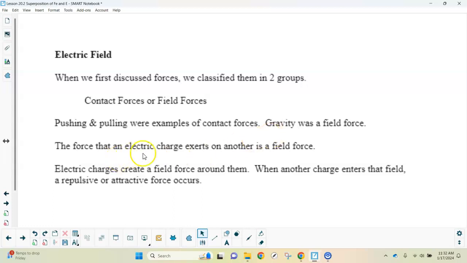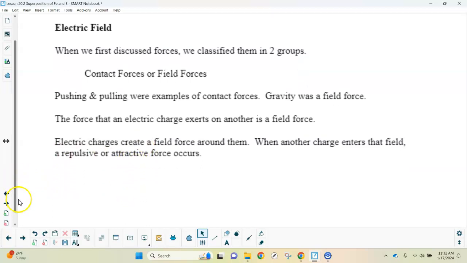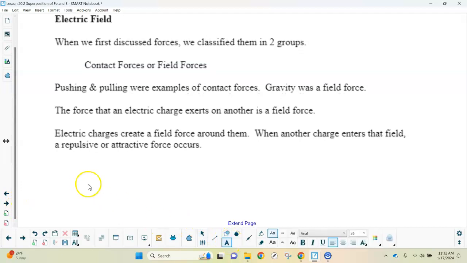The force that an electric charge exerts on another is a field force, and if it is a field force, that means there has to be a field creating the force. So the electric charges create fields around them, and when another field or another charge enters into that electric field, a repulsive or attractive force occurs. It's very similar to talking about the Earth and gravity.